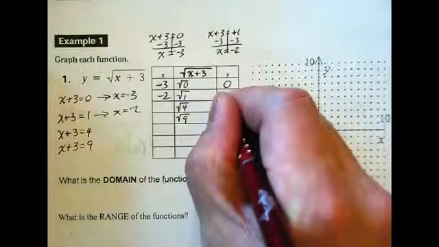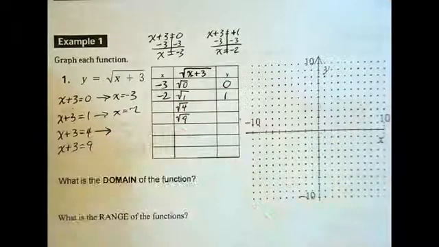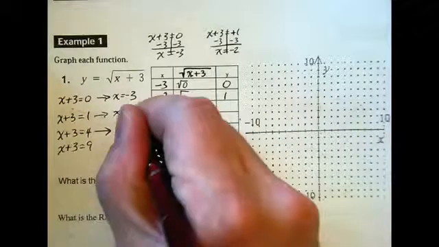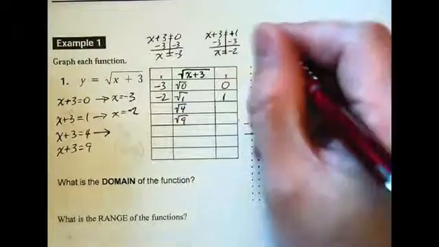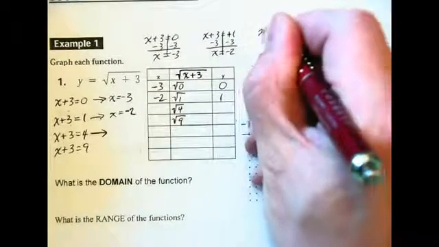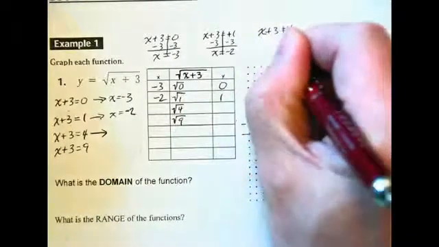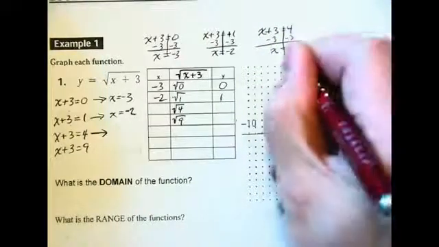Tell your neighbor what makes x plus 3 equal 4. Now some of you are thinking too hard. Look, just write it out. Subtract 3. x has to be 1.